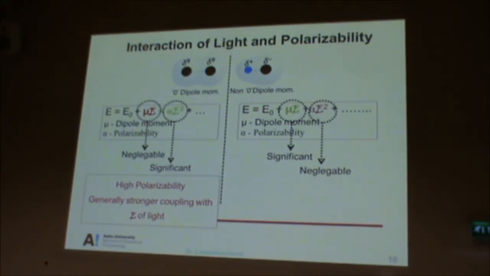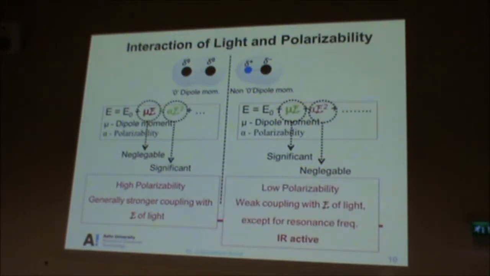So now if you send a light wave through a molecule with non-zero dipole moment, it will just pass through. But if it has zero dipole moment, there is a much higher chance that it will interact with matter. Now, in this case, the molecule has low polarizability, weak coupling with the light that is coming in, except the situation where the fluctuating electric field matches the frequency of incoming light.